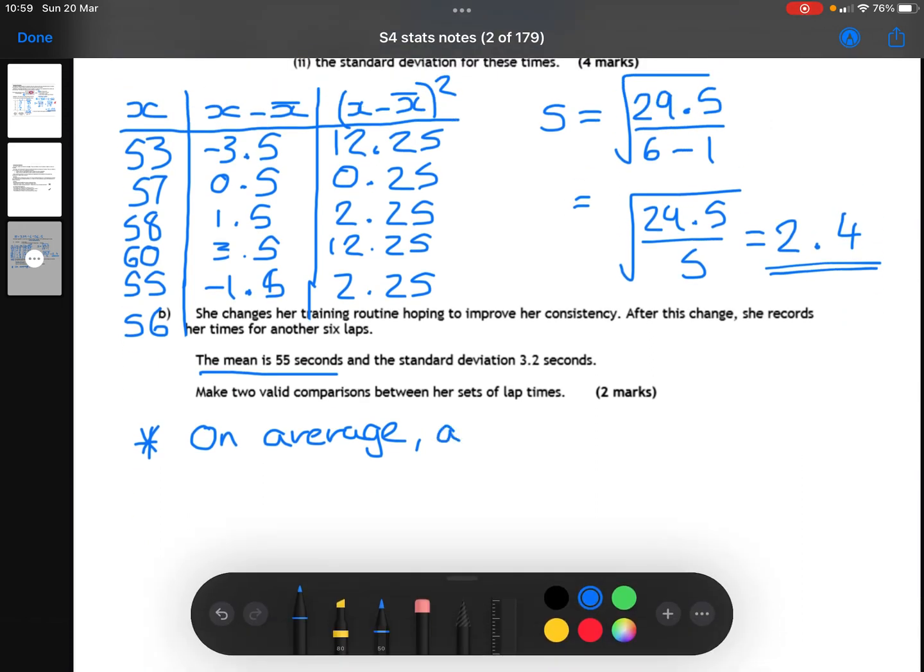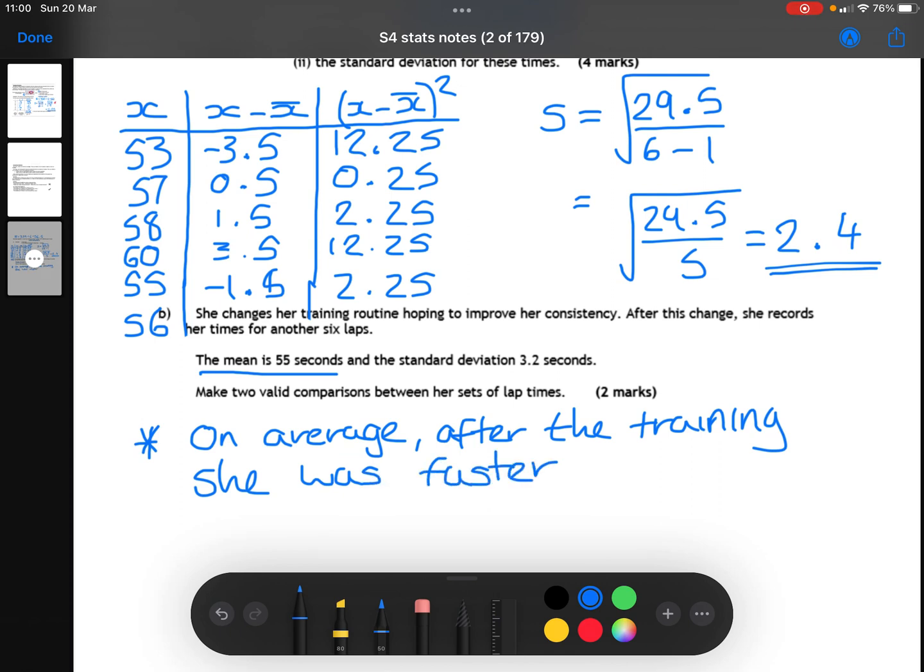Okay, in fact, we'll say her times were faster. Okay, so that's one comparison.